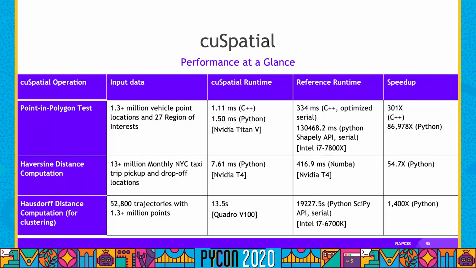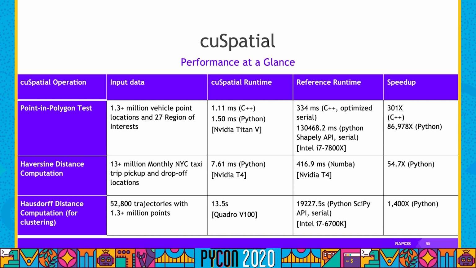Here's some performance of cuSpatial. Point and polygon test, and again, you can read this for yourself. The one that I like to see here is the Haversine distance computation. 13 million New York City taxi drop-offs and pickups. That's an NYC taxi data set that most people are familiar with. The reference runtime we used was actually on GPU already, using Numba to compile to GPU on a single T4.